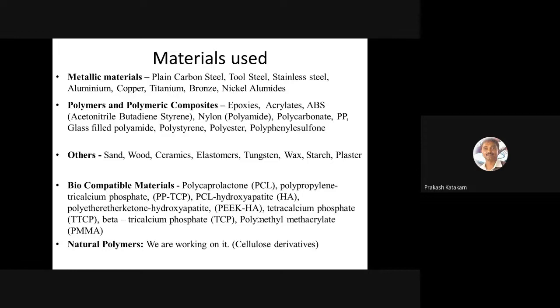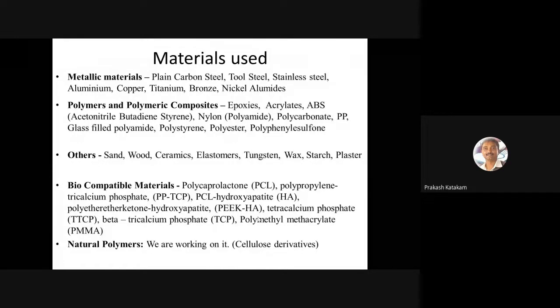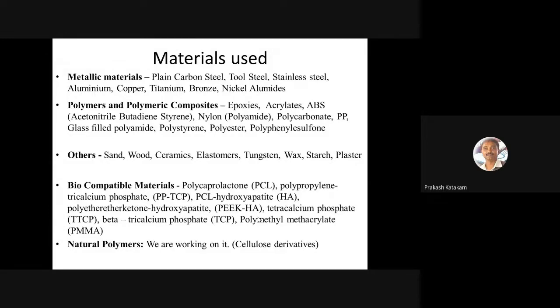So you can print implants or any body parts which are necessary to be degraded in the body over a period of time. You can incorporate a drug, or you can make the shape of a particular thing. Unlike our old method of using some metallic parts to bind the bones, and after 6 months they operate and remove the metallic parts, now it is not necessary. By using biocompatible and strong materials like polycaprolactone, you can make specific shapes and put them as an implant in the body, and over a period of time they could be degraded.